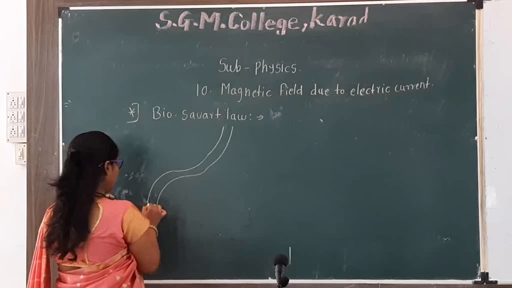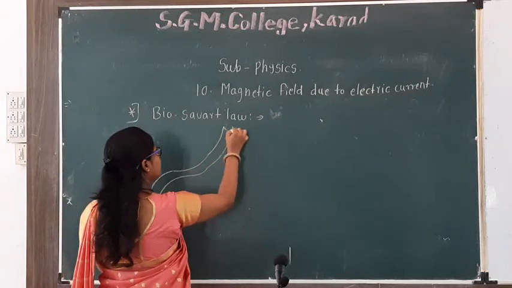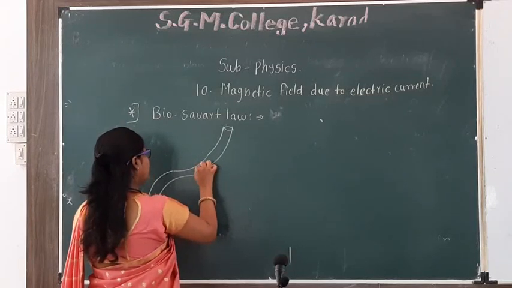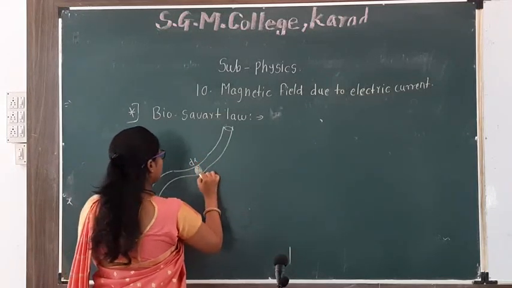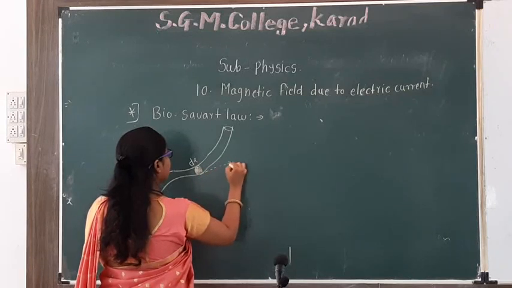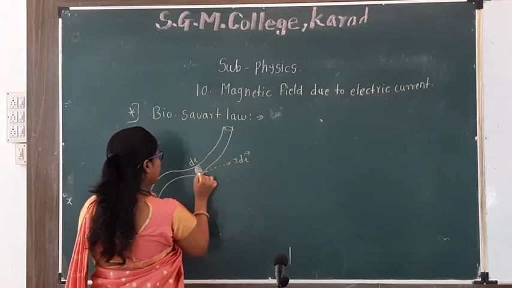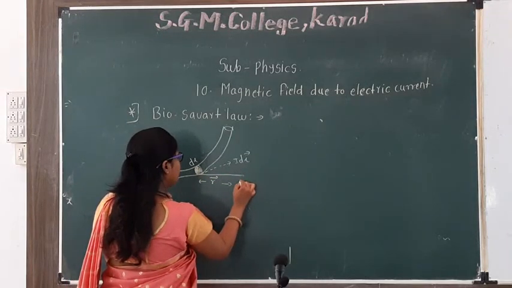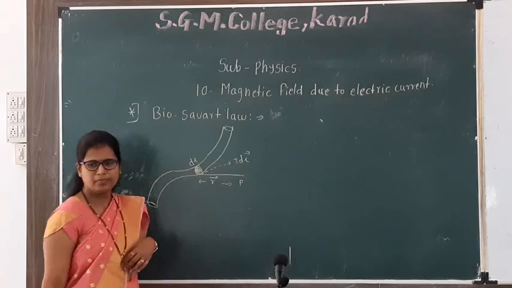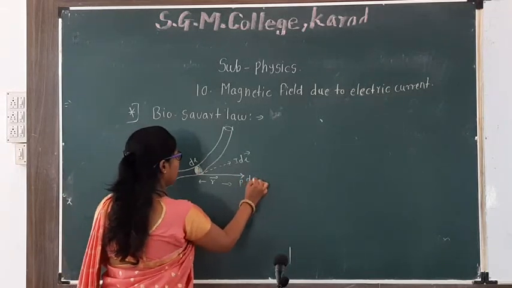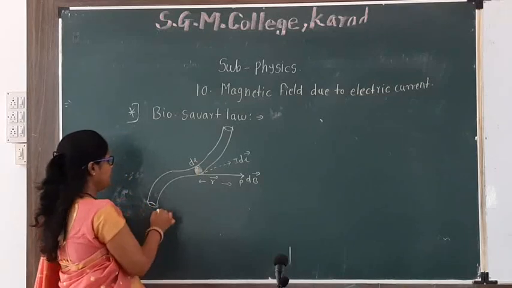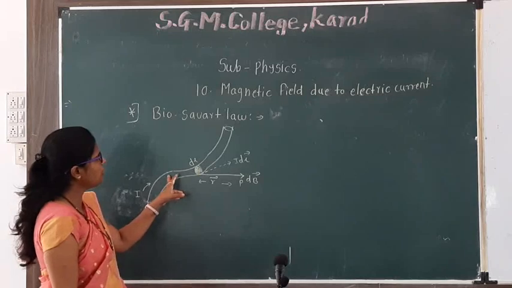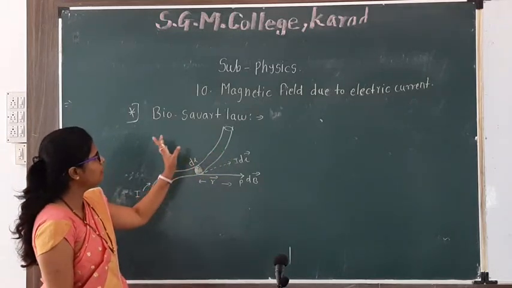That is an arbitrary shape of wire. Here dl is the length of a small element, here I dl, here r, here P, and vector dB, and I is the current flowing through the wire.